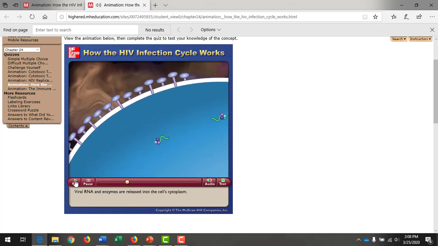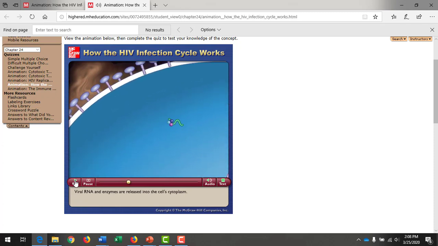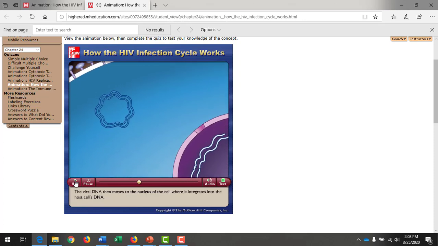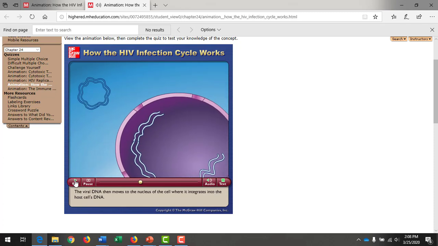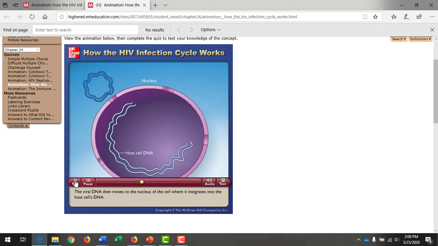Viral RNA and enzymes are released into the cell's cytoplasm. Reverse transcriptase uses the viral RNA to synthesize first a strand of viral DNA and then the complementary DNA strand. The viral DNA then moves to the nucleus of the cell where it integrates into the host cell's DNA.